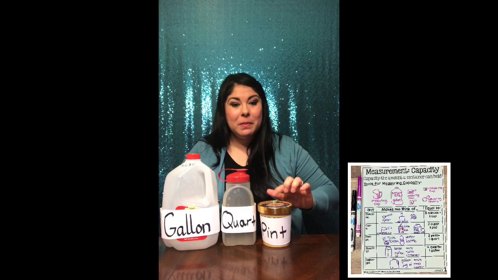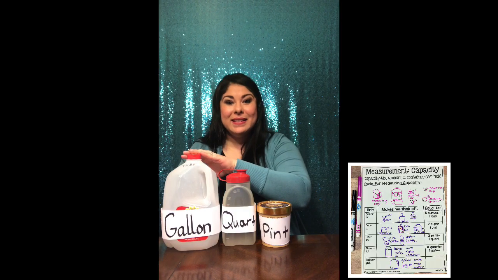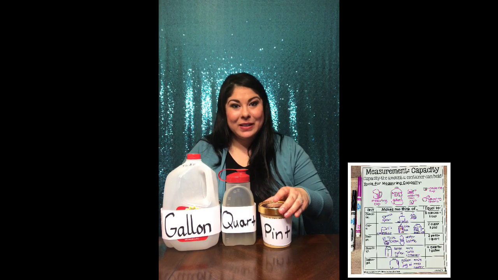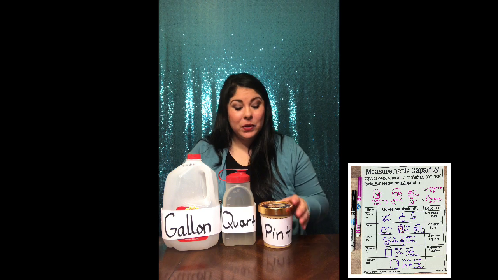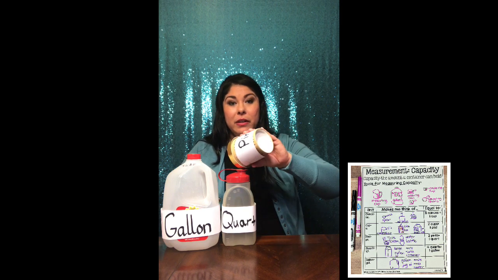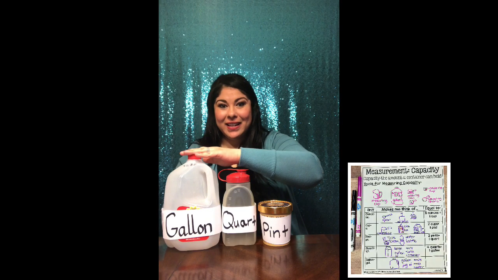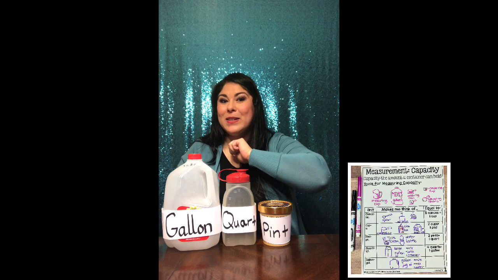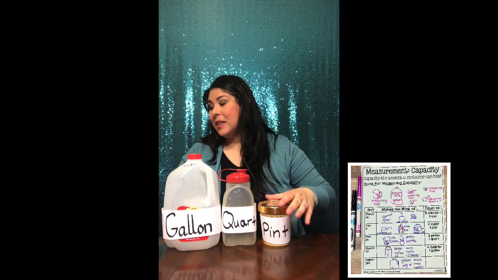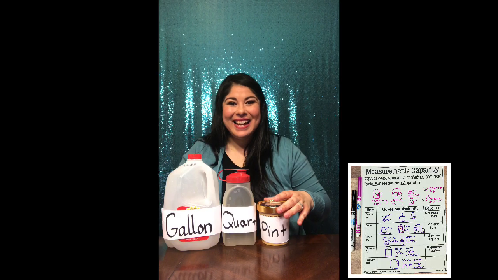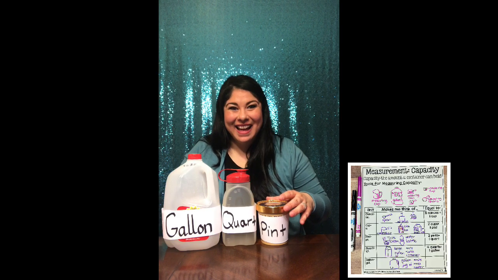If I converted pints to gallons, how many pints would it take to fill a gallon? Well, 2 of them fill a quart, 4 quarts fill a gallon. How many pints do you think fill a gallon? That would be 8. 8 pints fill a gallon.